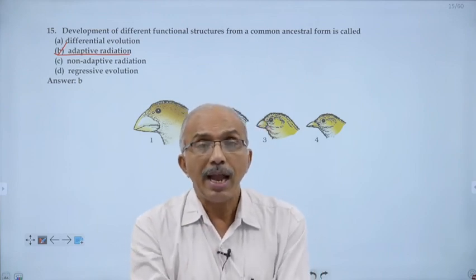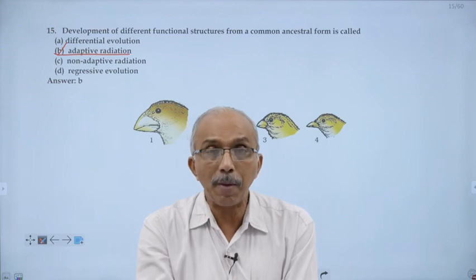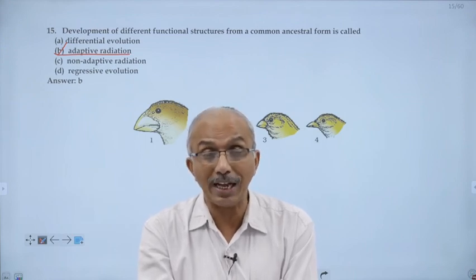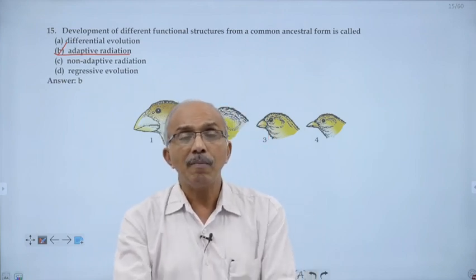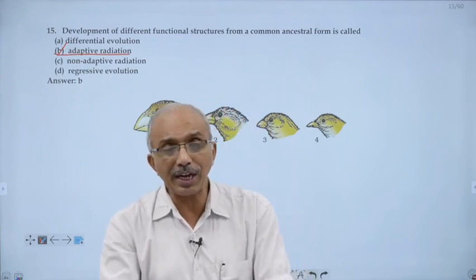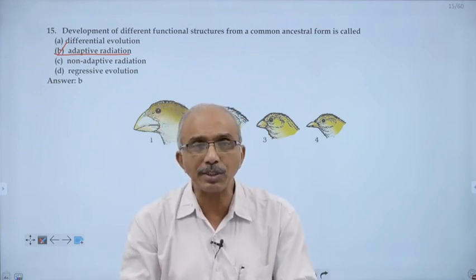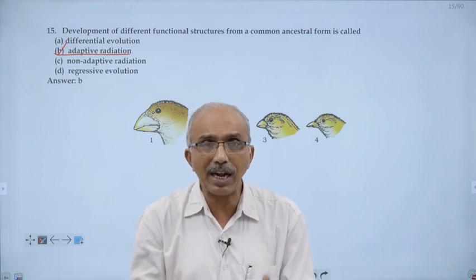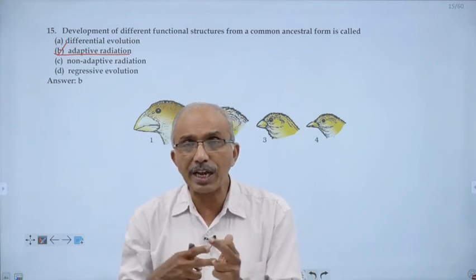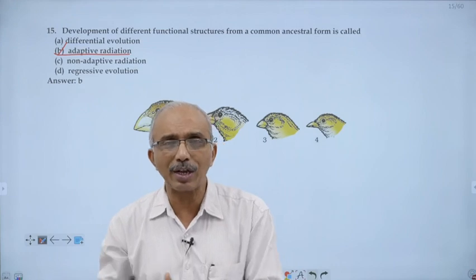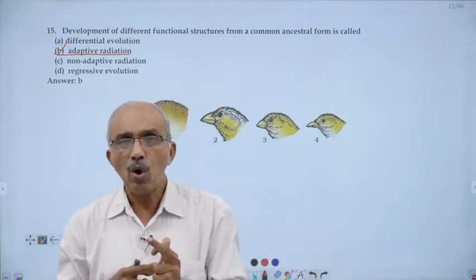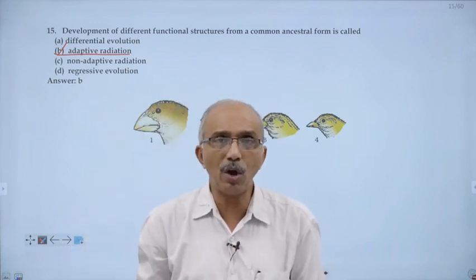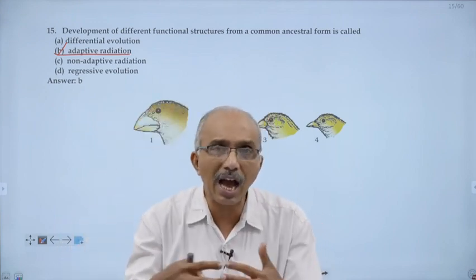Organisms showing adaptive radiation possess homologous organs, and adaptive radiation shows divergent evolution. These three terms are related: adaptive radiation, divergent evolution, homologous organs.